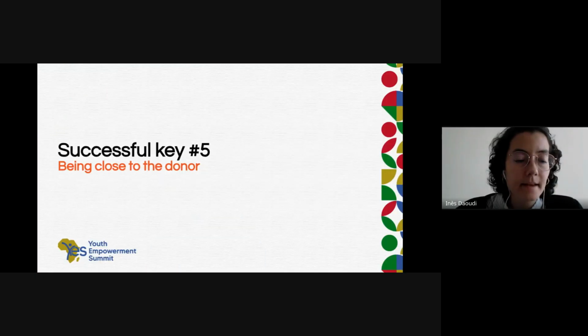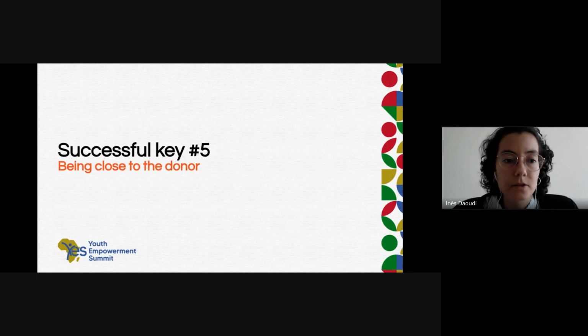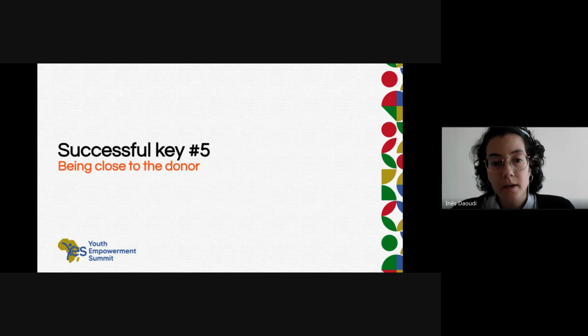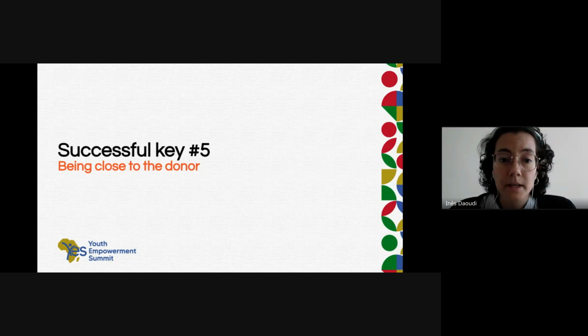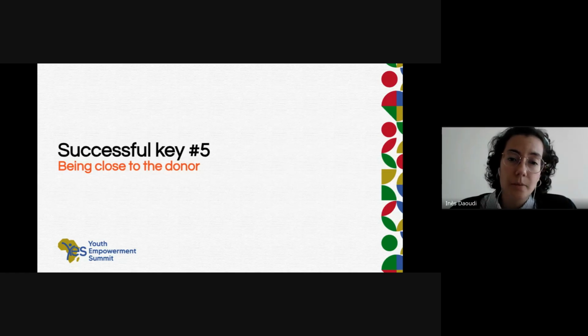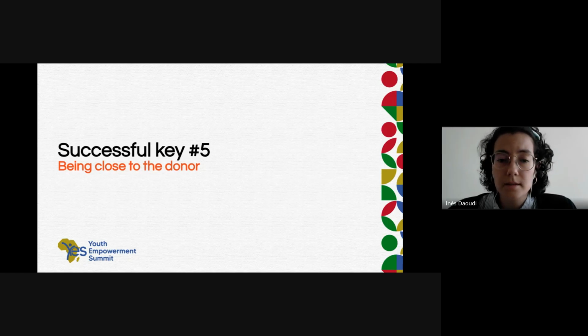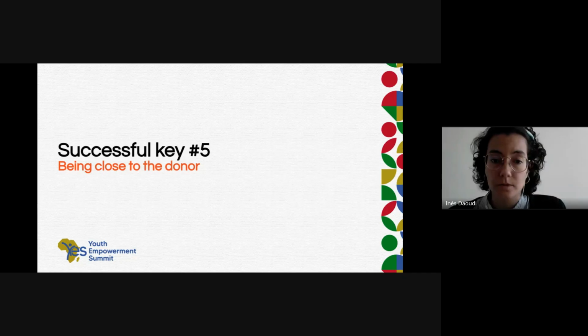And then the last successful key, so talking about the donors, is about being close to the donor. It is very important to highlight the importance of building a strong and trust-based relationship with donors. It is not limited only to the submission of project proposals, but it also extends to all stages of the project cycle, from the design to the implementation and evaluation.